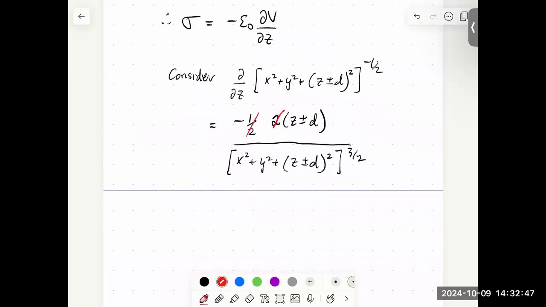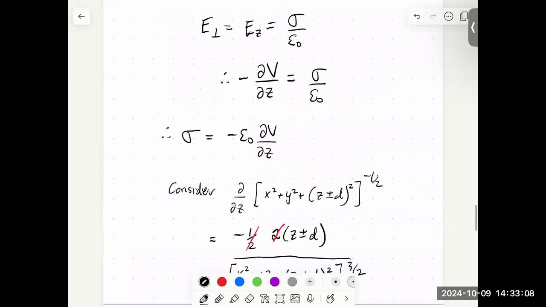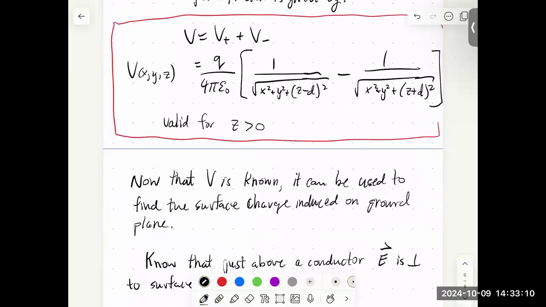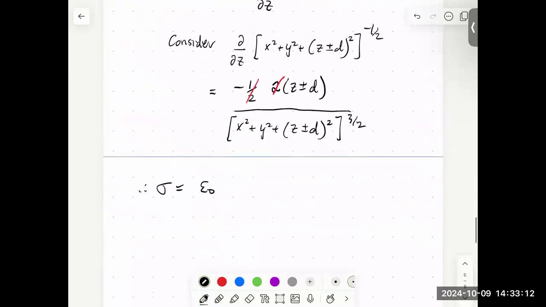So we just have to put that back in to find our surface charge density. So therefore sigma is minus epsilon naught, but the minus sign from the epsilon naught and the minus sign here are going to end up canceling. So what else did we have? We had a Q over 4 pi epsilon naught out front.